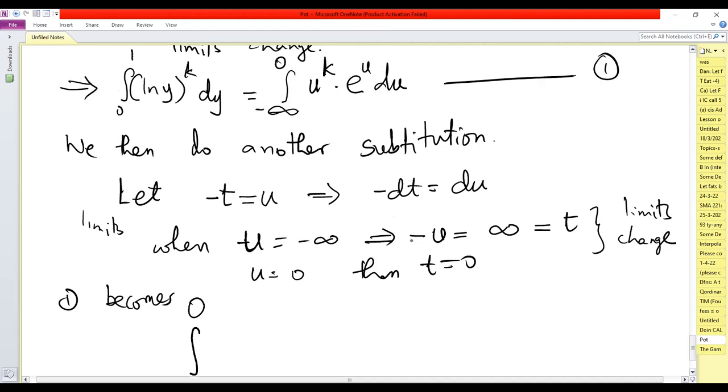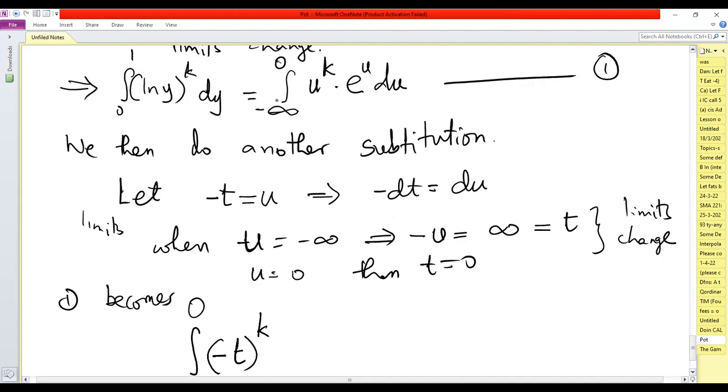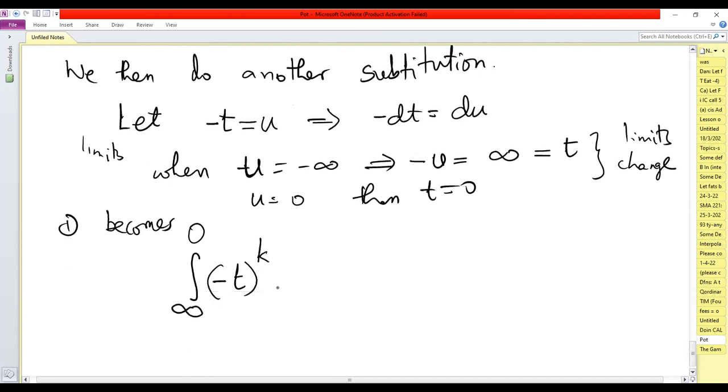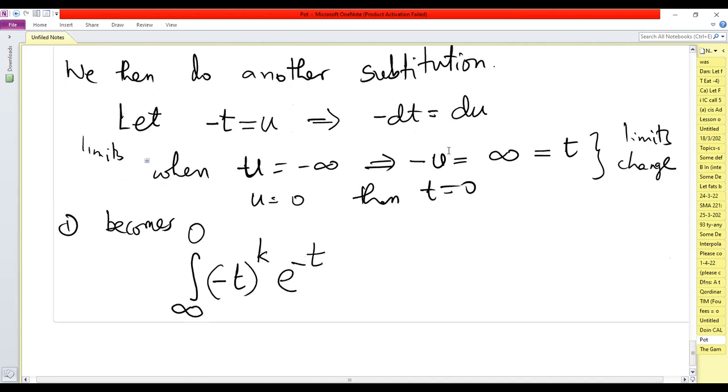And then u is the same as minus t, so I'll have minus t to the power k. And where I have u in the exponent, I replace by negative t, so I'll have e raised to the power negative t. And then du is the same as negative dt.